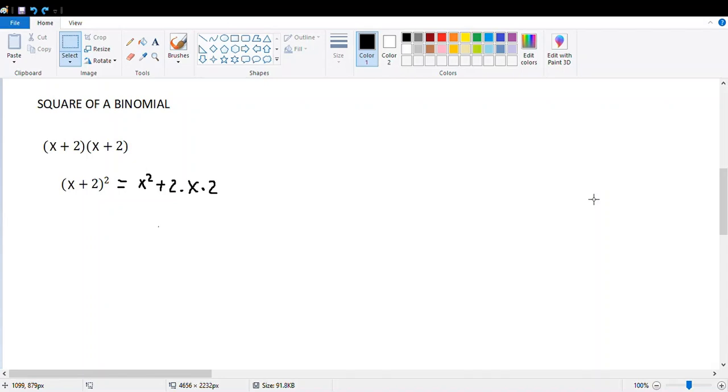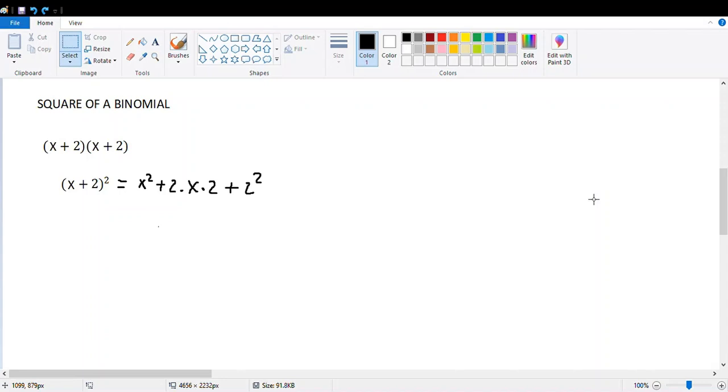And now plus, one more time, it's always plus, the second term, that in this binomial is 2, the second term squared. Okay, then one more time: first term squared plus 2 times first term times second term plus second term squared.